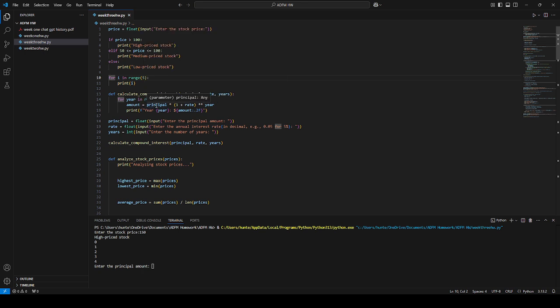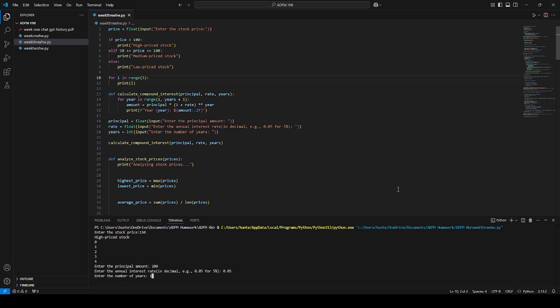Here's the code for the formula: principal times 1 plus rate to the power of however many years. And it'll print out what we want from it. So for principal amount, we'll go $200. Annual interest rate, we'll do 5%, so 0.05.